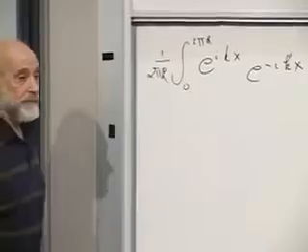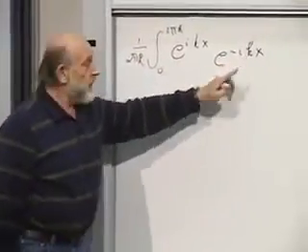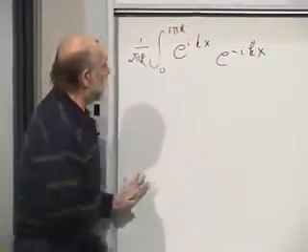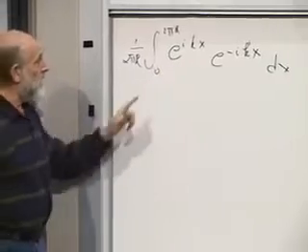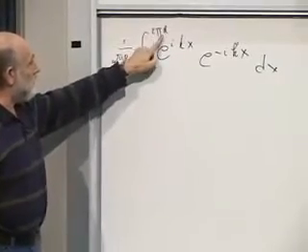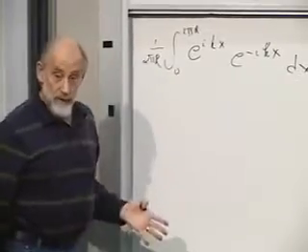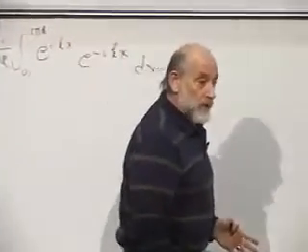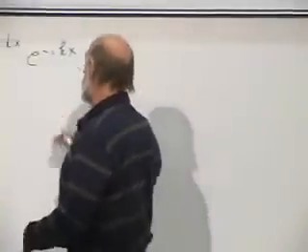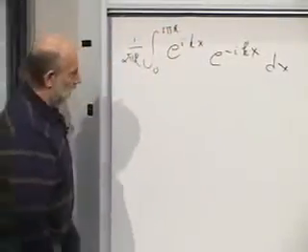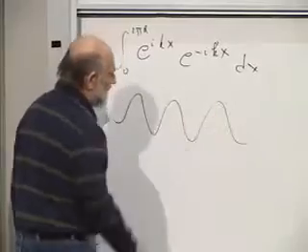We do this integral. It will be 1 if k is equal to k prime. That's obvious. If k is equal to k prime, then this isn't here. This product is 1, and it's just the integral from 0 to 2 pi r divided by 2 pi r. That's 1. If k is not equal to k prime, then the integral is 0. The integral is 0 because these things are made out of sines and cosines. This one is made out of functions which oscillate like this.